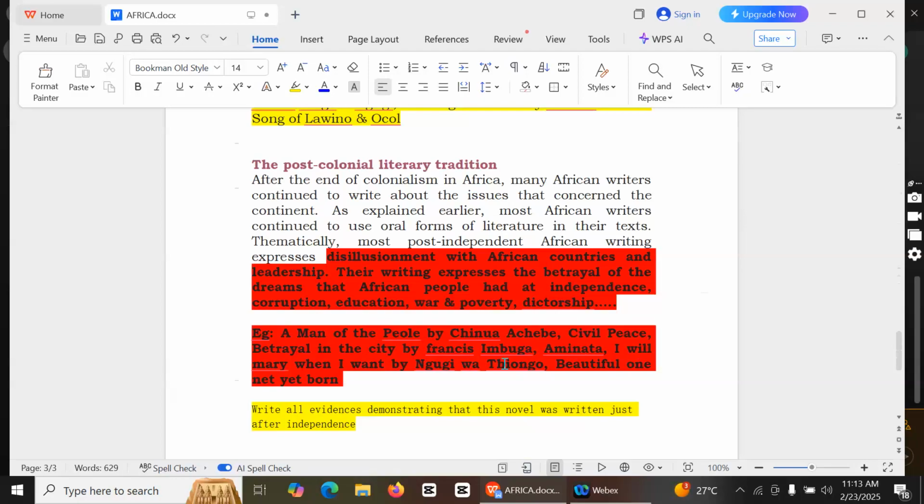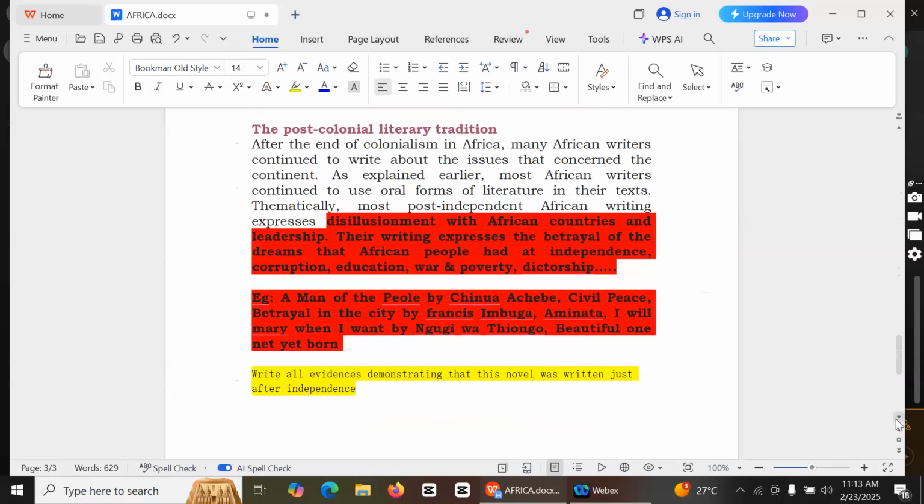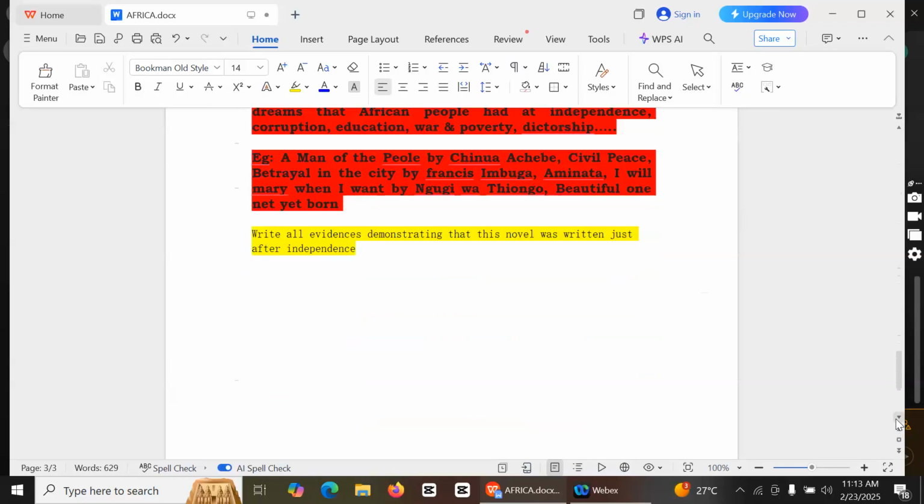So, dear student, here you have a simple question. They say, with the oral evidence, demonstrate that this novel was written just after independence. Whether A Man of the People, Civil Peace, Betrayal in the City, Aminata, I Will Marry When I Want, The Beautyful Ones Are Not Yet Born, all those novels were written after independence.